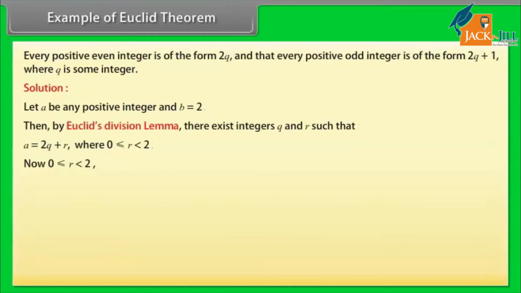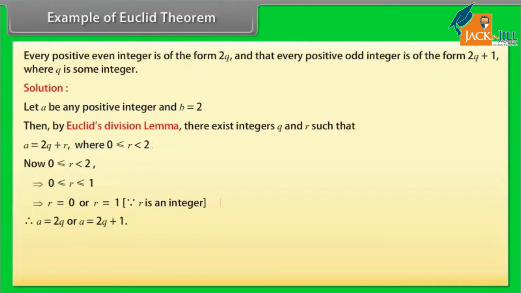Now, 0 ≤ r < 2 implies 0 ≤ r ≤ 1, which implies r = 0 or r = 1, because r is an integer. Therefore, a = 2q or a = 2q + 1.